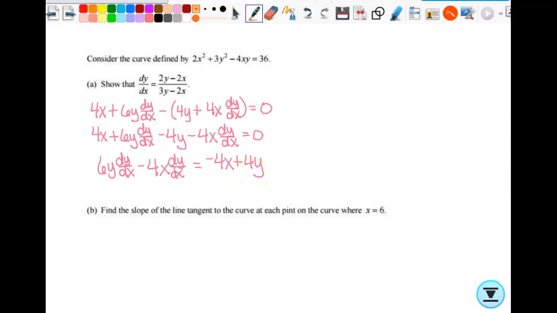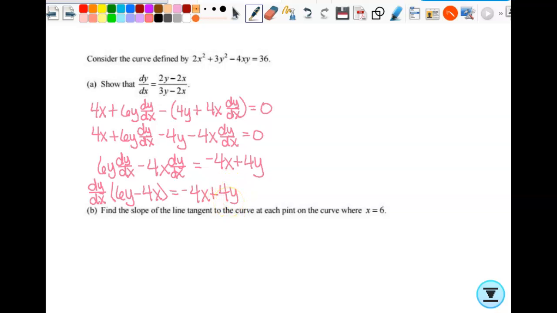Everybody with me? And do we all understand why it's addition and subtraction at this point? Right? So now these 2 terms have a dy/dx in them. I'm going to factor out the dy/dx. That leaves me with 6y minus 4x. That's equal to negative 4x plus 4y.